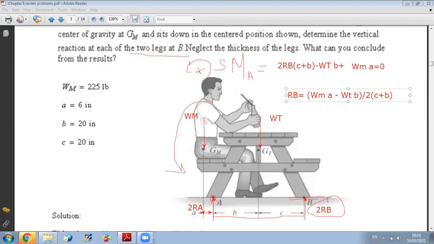When it becomes zero, this means that you will lose contact at B. So RB should be higher or equal to zero to maintain equilibrium condition. So we deduce that the condition is that W of the man should be higher or equal to W table times B over A. So this is the limit, okay, this is the maximum weight that the table can sustain without tipping over, okay?